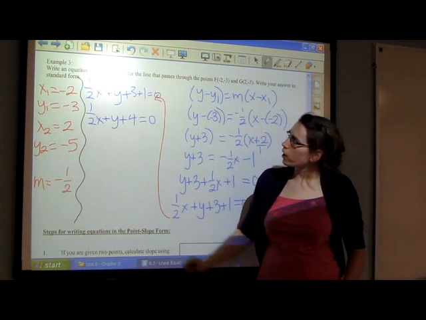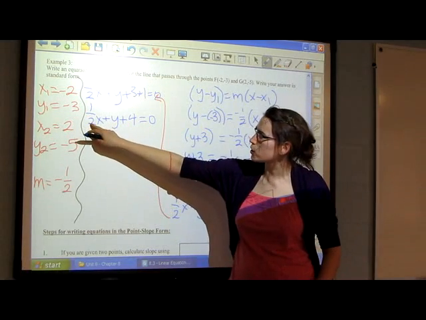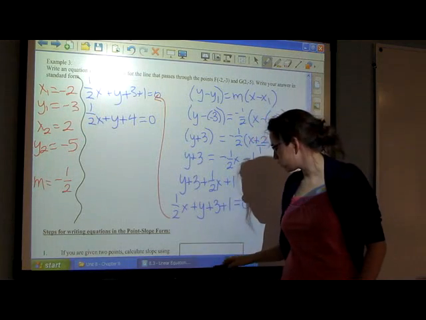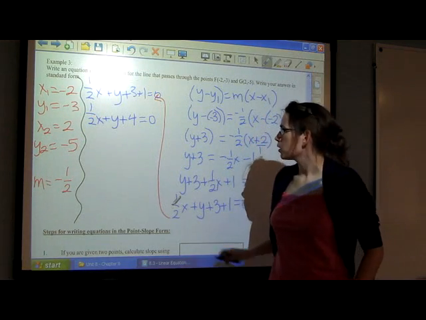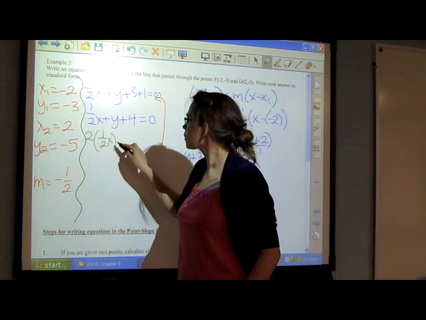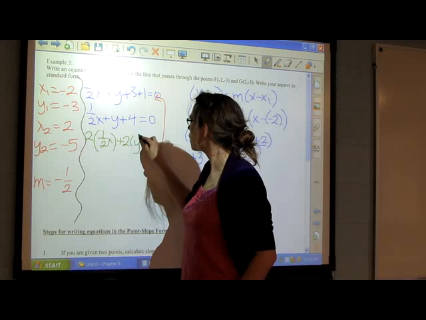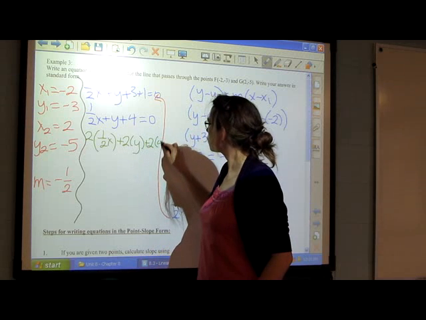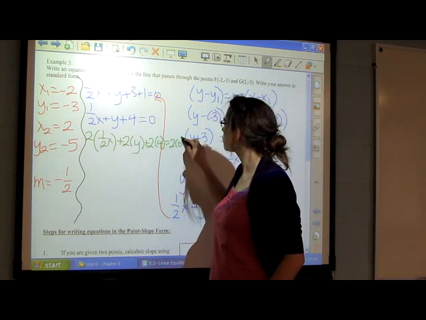Now to get rid of this fraction, what I want to do is look at the bottom, which is a 2, and just multiply every single term here by 2. So I have 2 times 1/2 x plus 2 times y plus 2 times 4 equals 2 times 0.